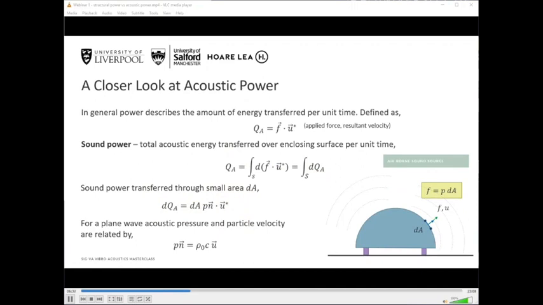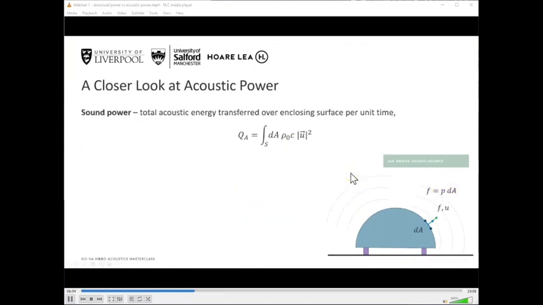This gives us a nice simple relation between pressure and particle velocity, as in this bottom equation here. Now, if we plug this bottom equation into the one above, and then this one into the one above it, we get an expression for the sound power level in the following form.